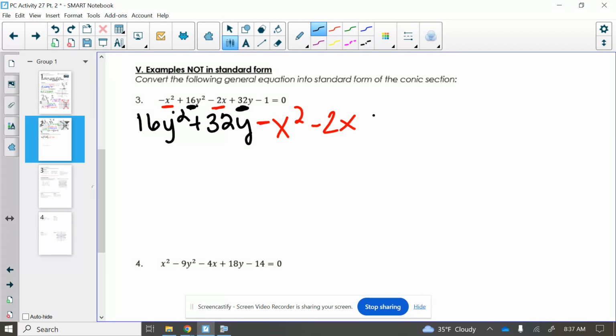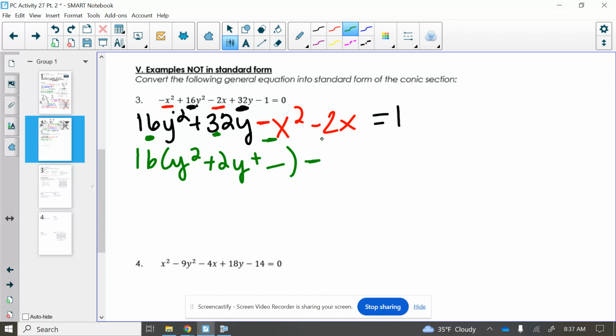I'm going to group that second, and then add over that 1 to the other side as well. And again, like our ellipses, we have to start by taking out any GCF so that we are actually able to complete the square. Now be careful on the second one, there is officially a -1 that we are going to take out, so this actually becomes x squared plus 2x for our x values.